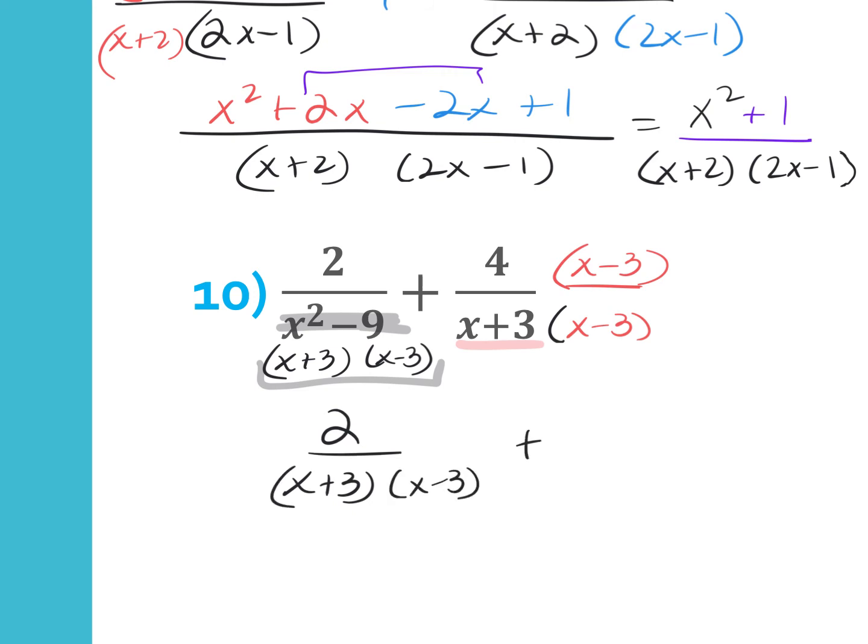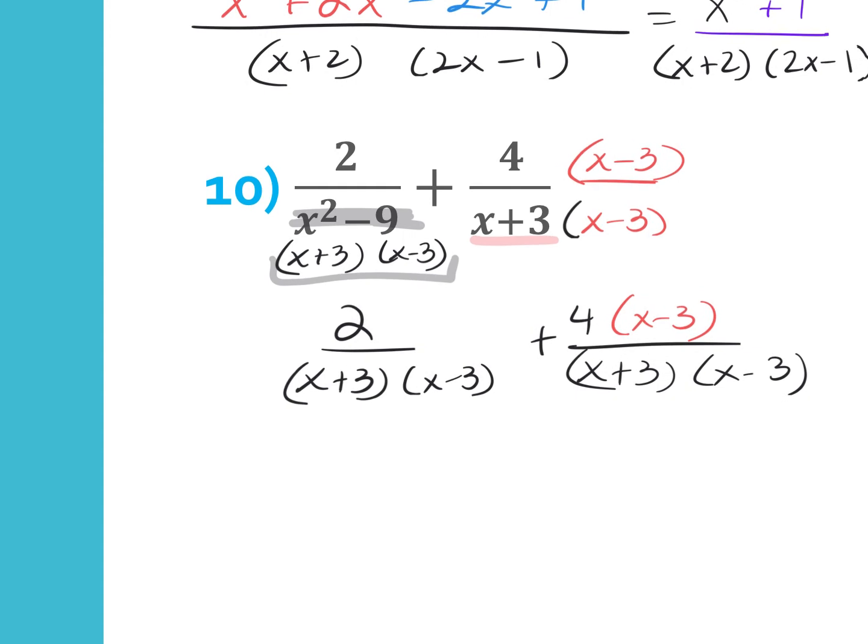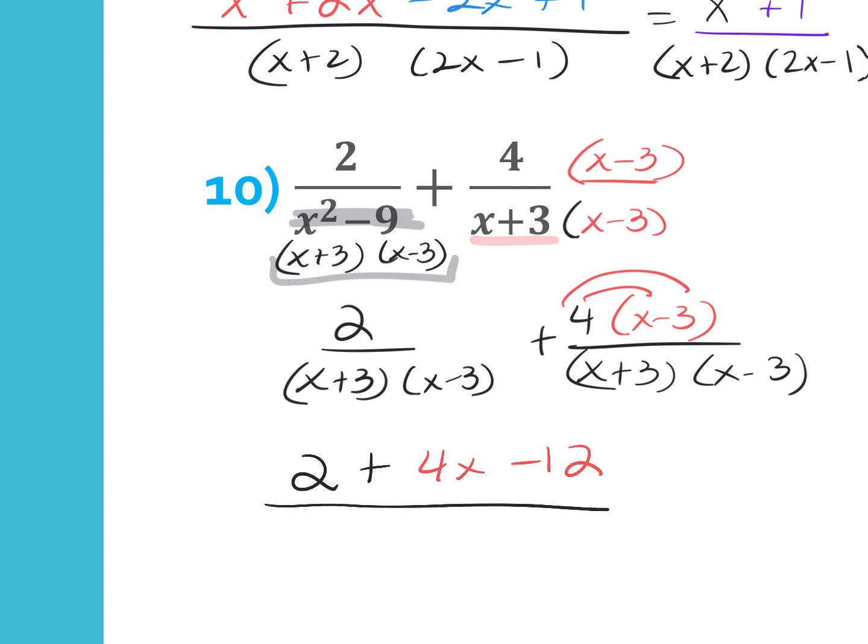The second fraction, you need to distribute the 4 to the x minus 3, but now the denominator is the same. So I'm going to distribute. So the first fraction is just the 2. I need to distribute the 4 to the x and 4 to the negative 3. Then it still has the x plus 3, x minus 3.